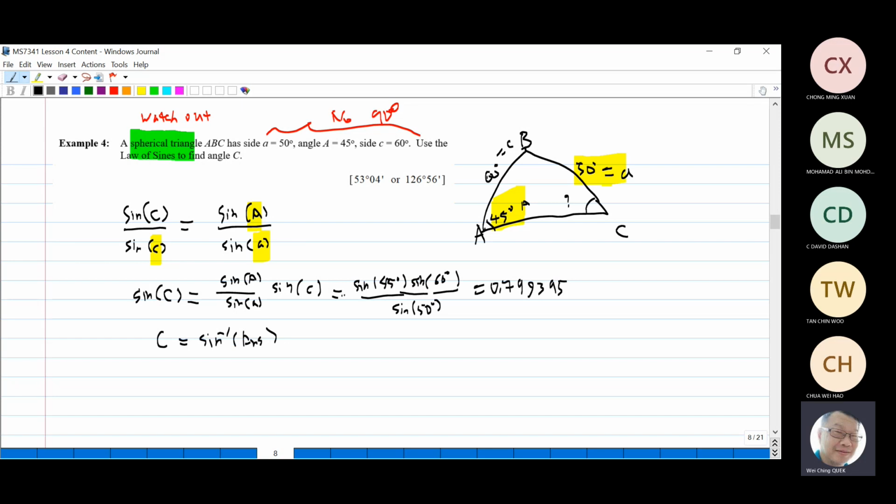Using shift sine inverse on the answer, you get 53 degrees 4 minutes.